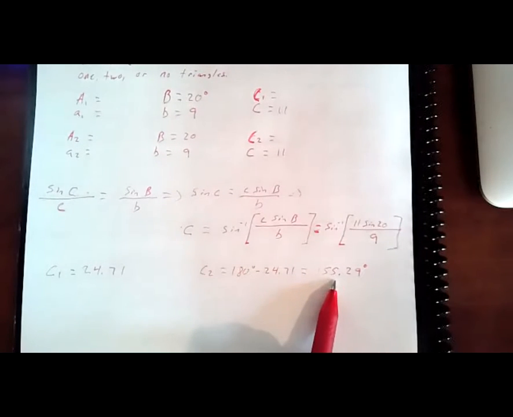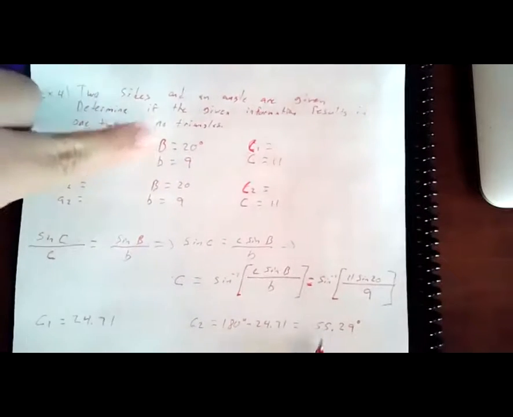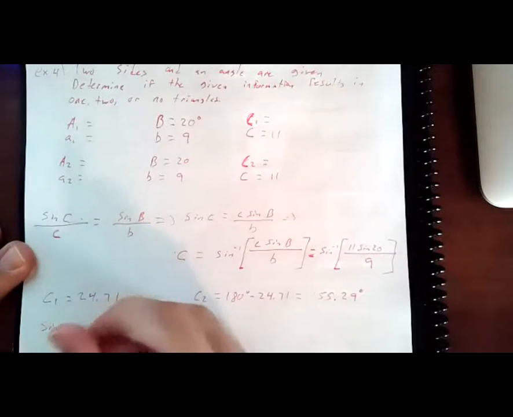Added to B, are we still below 180? All right, so here's B, right? So 20 plus 155 is 175, right? So this is what tells us that there are two triangles.